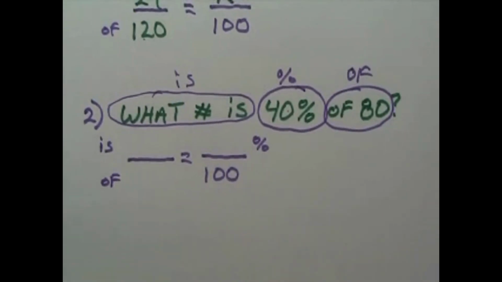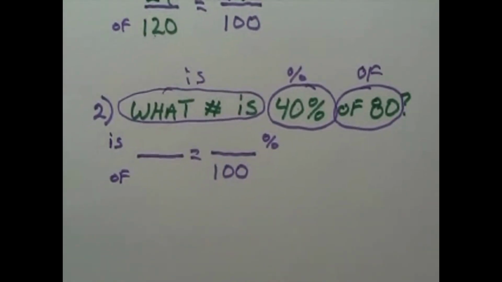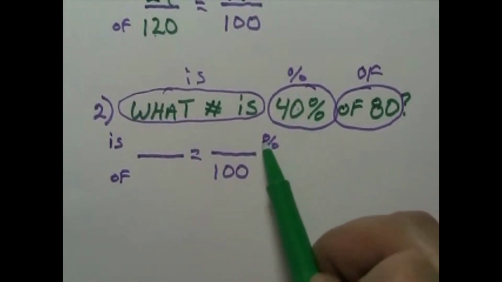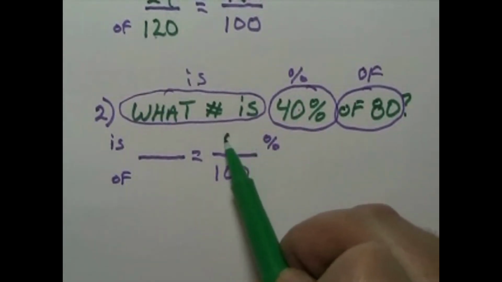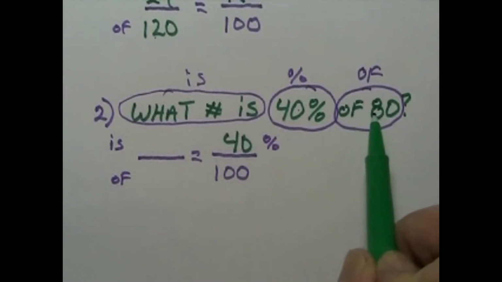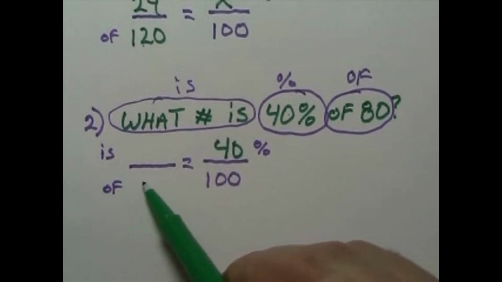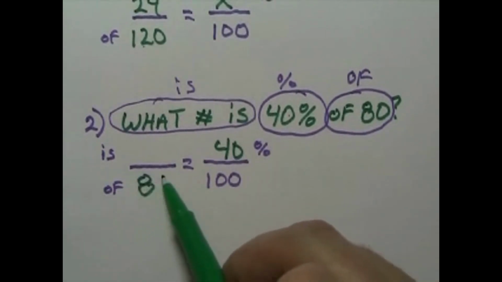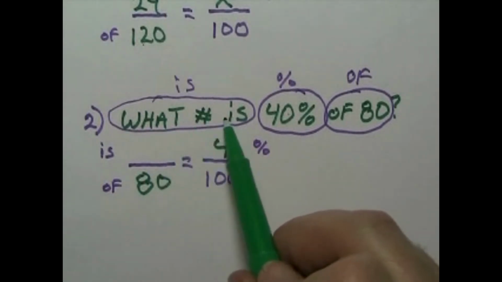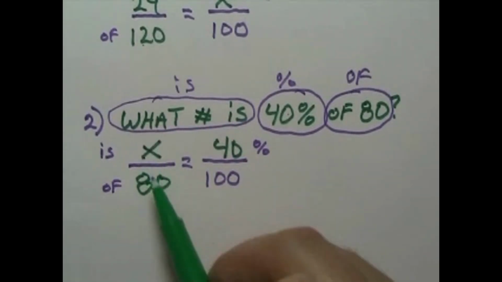Okay, let's put those in the places they belong. I know the percent number is 40. Percent goes up here, so I will put 40 right there. The of number is 80. The of goes down here. I will put 80. And you know what? I don't know the is. The question is, what number is? I don't know.